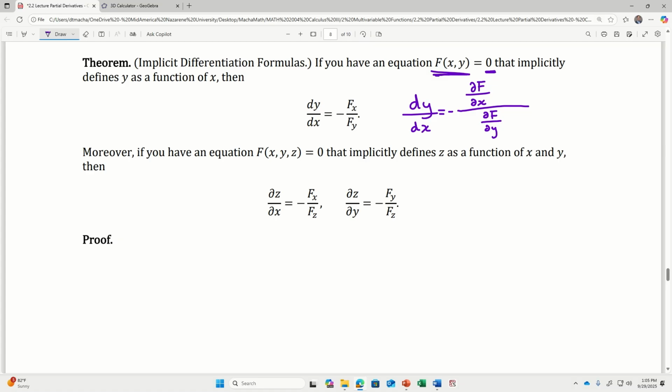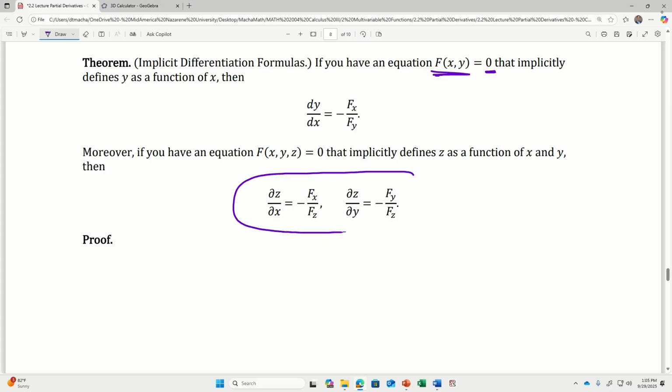But keep in mind, partial derivatives are not easily manipulated. You can't just do it the naive way. We have to be more careful about how we do this. And then this is the extension for what it looks like if I have a function of 3 variables on the left-hand side and 0 on the right-hand side of my equation. Well, then it looks like this, to take the partial derivatives of z with respect to y and so on.